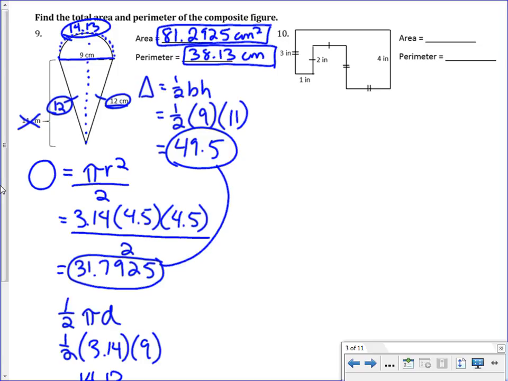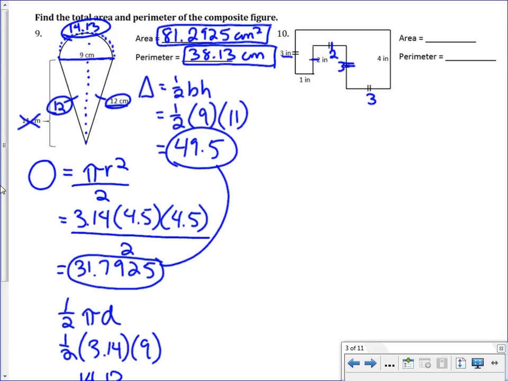Okay, this one, whenever I have a shape like this that doesn't have all my measurements in it, I'm going to go ahead and put all my measurements down all the way around the outside first. So again, using my hash marks to help me, this is a single hash mark, that's 2 inches. That means this one up here is also 2 inches. This is a double hash mark here. That means it's going to match this 3 inches here. So that's 3. Another double hash mark, that's 3.